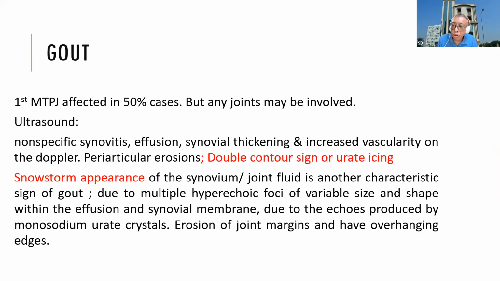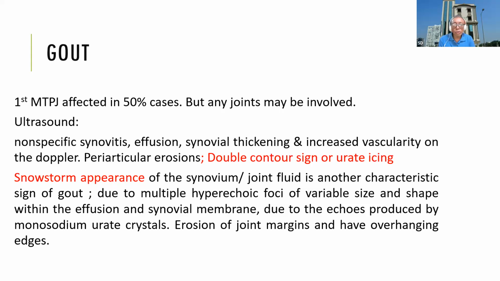Another common cause of foot pain is gout. As we all know, a patient with gouty arthritis or elevated uric acid usually has pain in the first metatarsophalangeal joint. In 50% of cases, the first metatarsophalangeal joint is involved, but gout can happen in any other joint also, especially the distal joints.